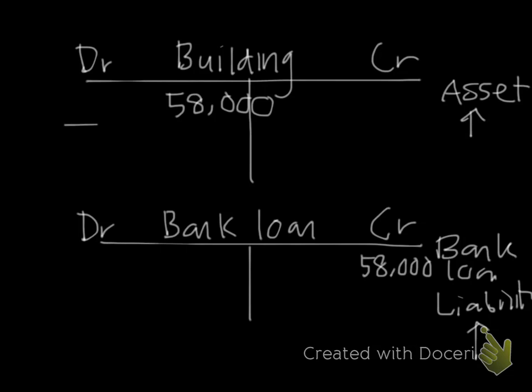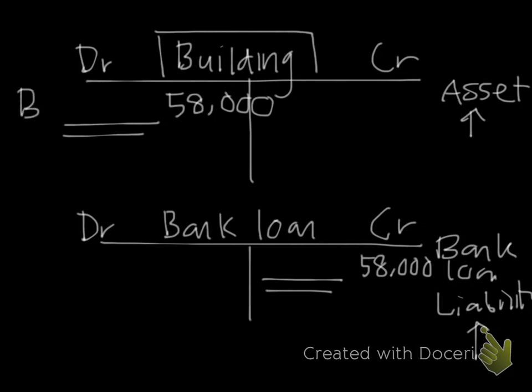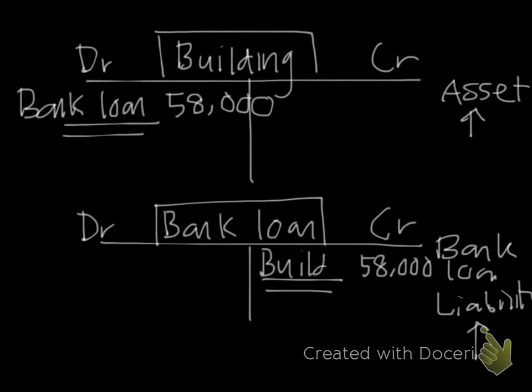The description is reverse, as I explained before, so that the building is bought from the bank loan and increasing in liability from a bank loan that we made. Why we made a bank loan? Because we bought a building. So it is reversed.